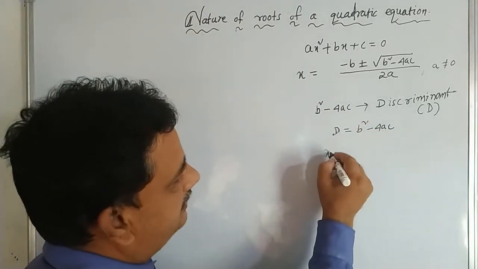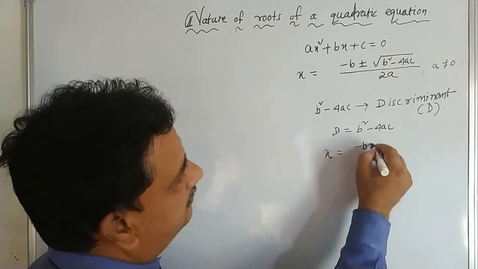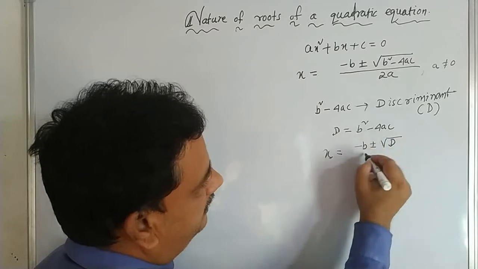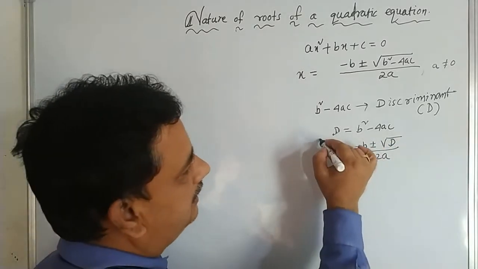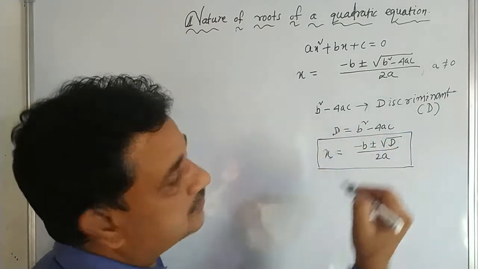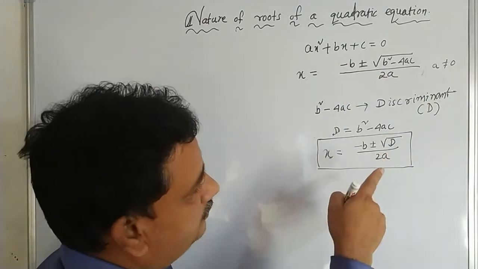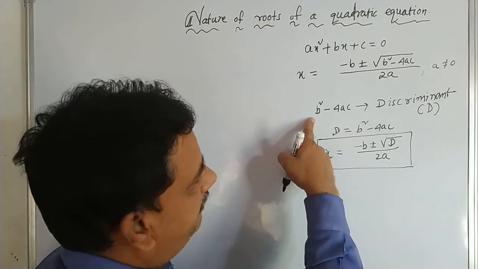So you can write x is equal to minus b plus or minus square root of D, by 2a. This is the formula you have to use, because before going for the solution, your first and foremost duty is to find b square minus 4ac.